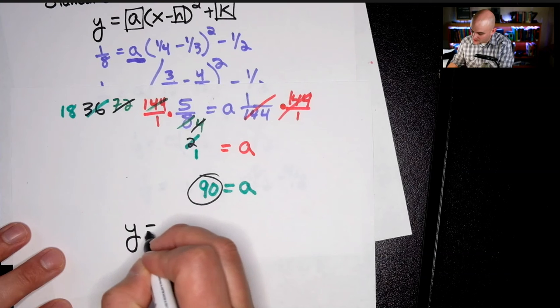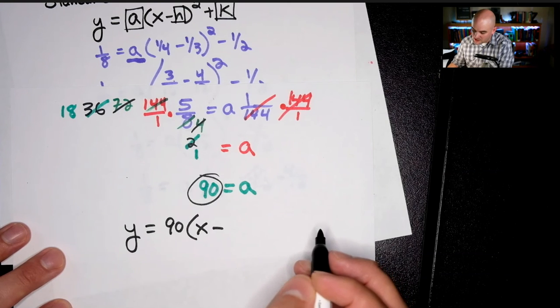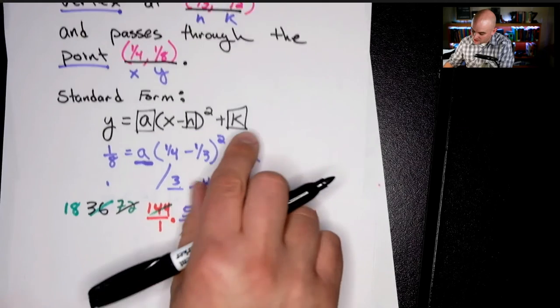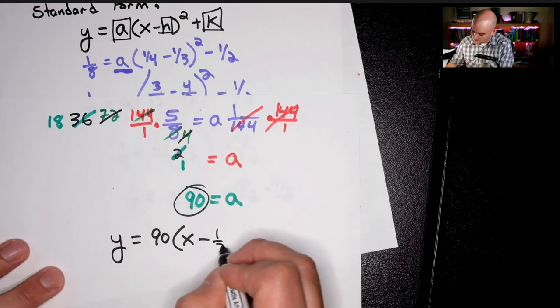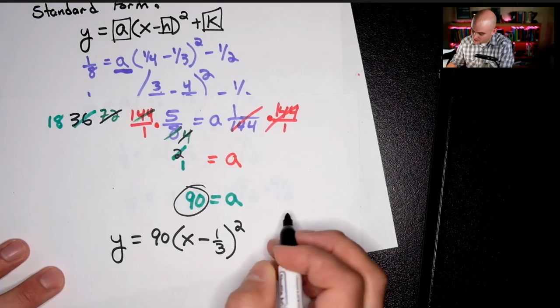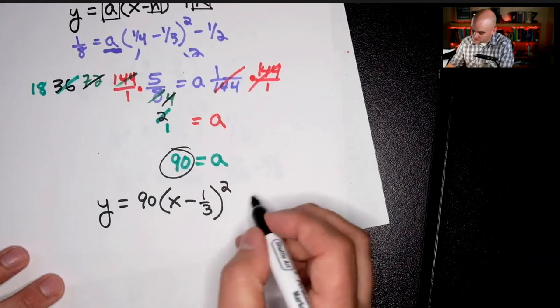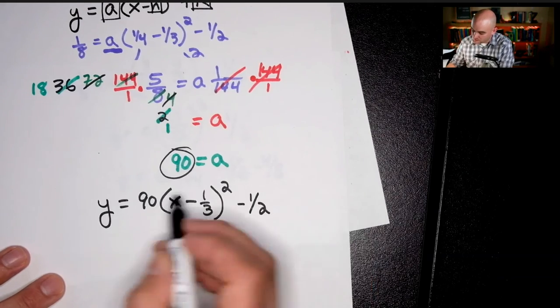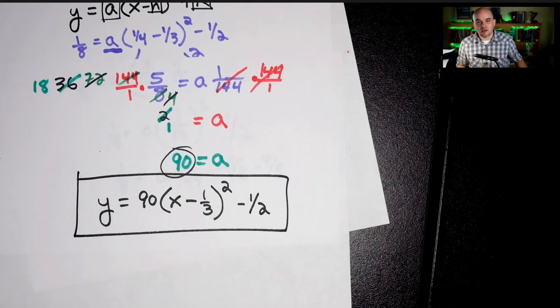We're going to say y is equal to my a value times x minus my h value. My h value, remember, was 1/3. That gets squared, plus the k value. Now the k value here is -1/2, so I'm going to write it as -1/2 there. There's your equation.